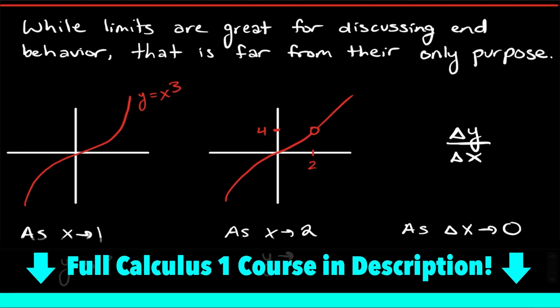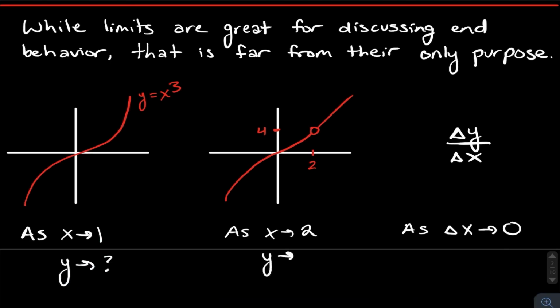While limits are great for discussing end behavior, like we just did with as x approaches infinity, that's far from their only purpose. We don't just use limits for end behavior. We use them for a lot of different stuff. Like I just did with that example with the parabola, we can do the same thing for y equals x cubed.